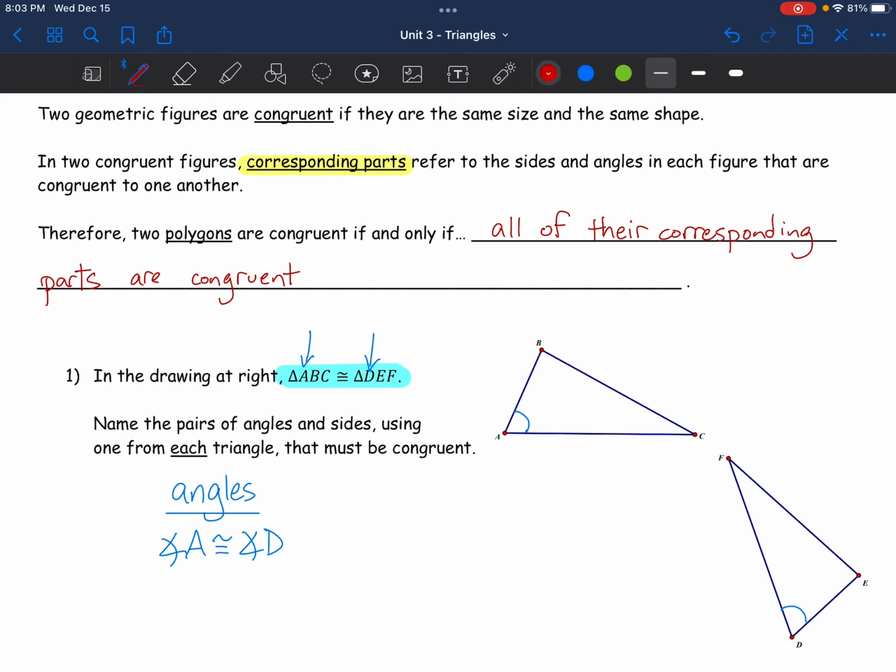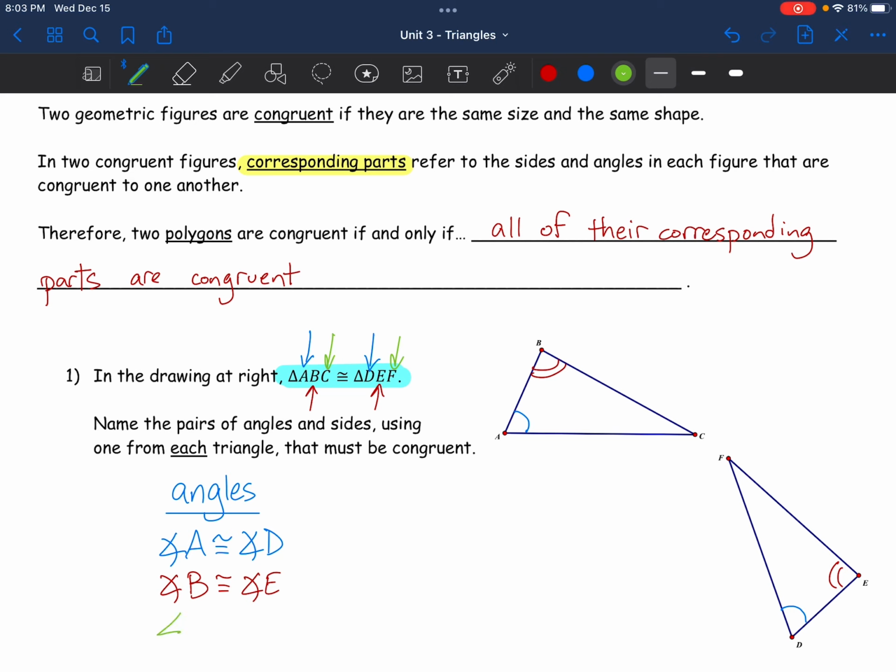But if these entire triangles are going to be the same as one another, I need every single piece to have a match. I'll go to my next letter, which is angle B. And I'll see that, yeah, it makes sense that in the other triangle, I'm going to be talking about angle E. Process of elimination will give you the last one, but either way, if we have the congruence statement in front of our faces, triangle ABC is supposed to match with triangle DEF, awesome.